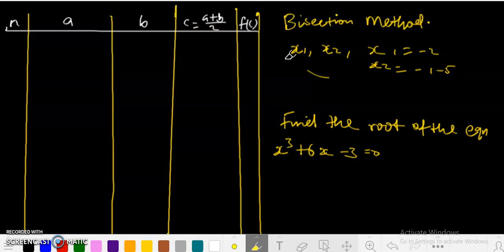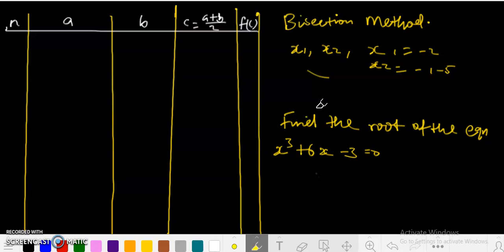Press alpha, then calc, and that gives the equal sign, equal to 0. So now you press calc and then the equal sign. As soon as you do that, you will get the root.